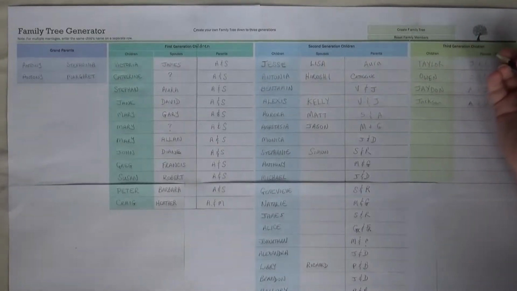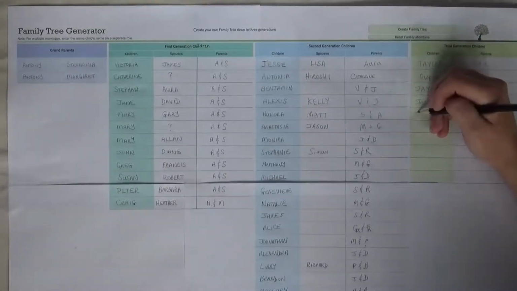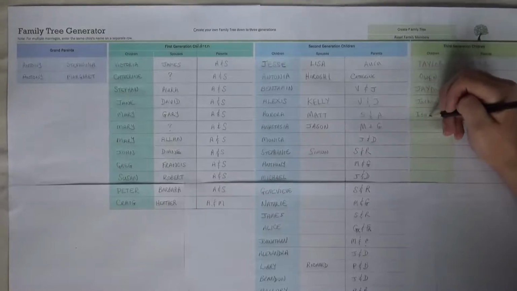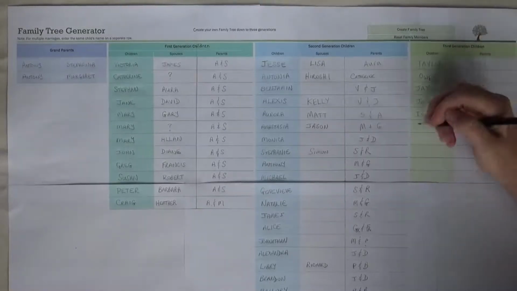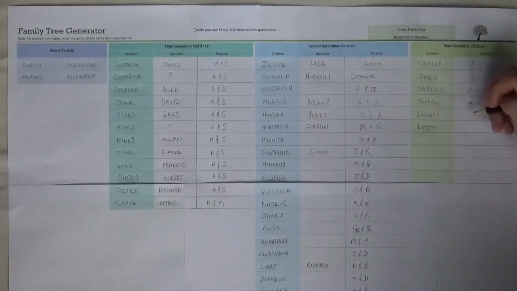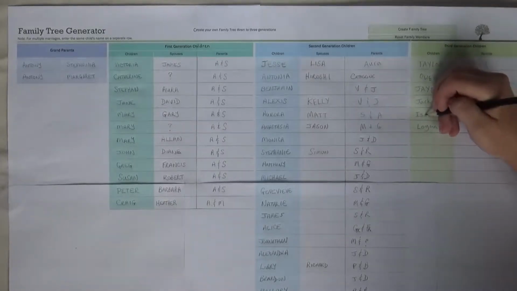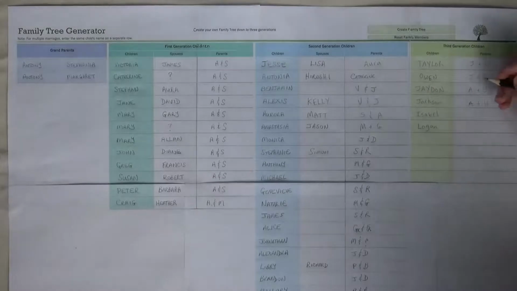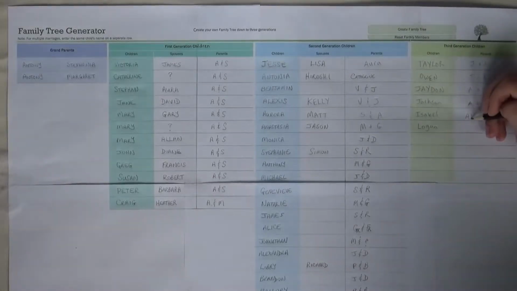And then next is Isabel. I-S-A-B-E-L. And then Logan are on the West Coast, so we don't get to see them as often as we do our other cousins. That's Alexis and Kelly.